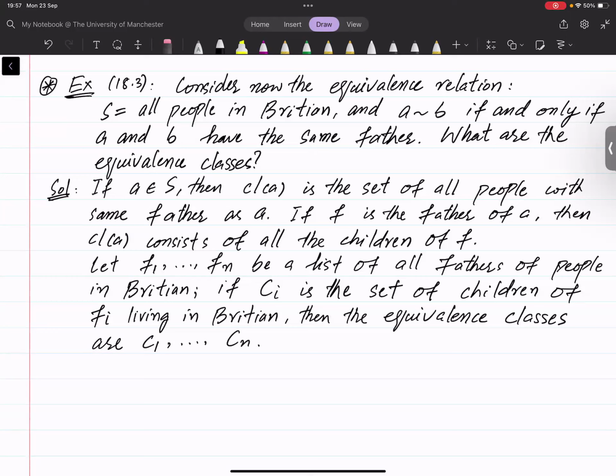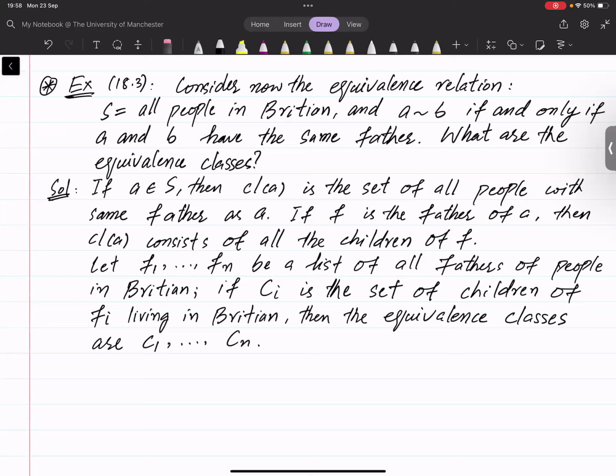Perfect. We now prove a general property of equivalence classes. Recall from chapter 16 that a partition of a set S is a collection of subsets such that each element of S lies in exactly one of these subsets.